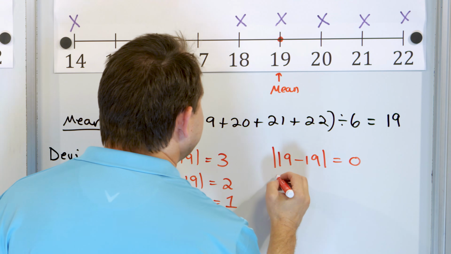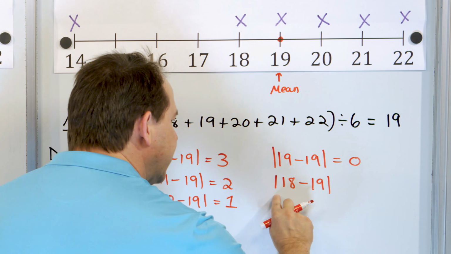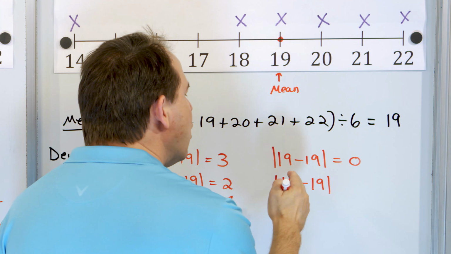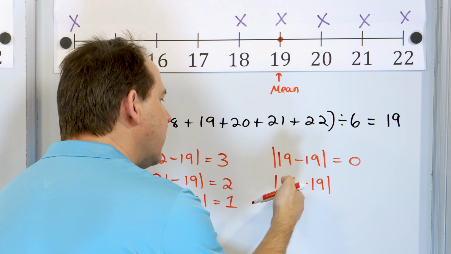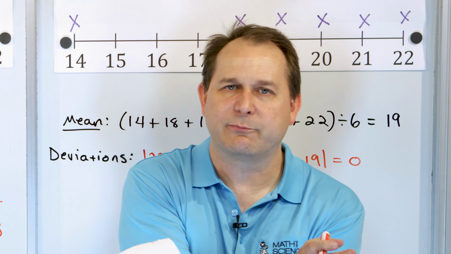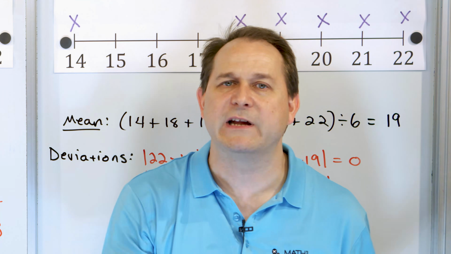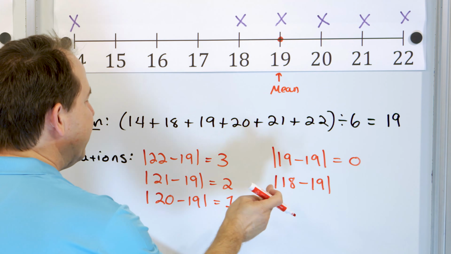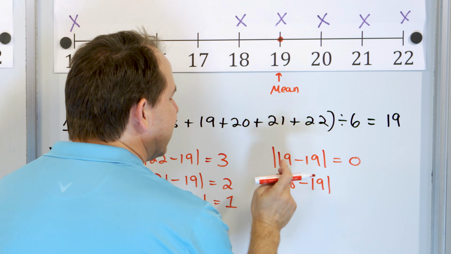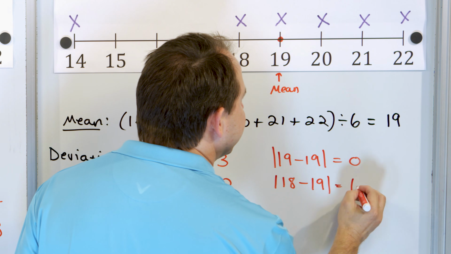And then we have to look here at 18. Now we take the point minus the mean. 18 minus 19. And your mind explodes for a second and you say, how do I do that? Well, when you subtract a big number from a small number, all you do is flip it around, do the subtraction normally, and if it's small number minus big number, you just put a negative sign on it. So just like 19 minus 18 is 1, 18 minus 19 is negative 1.